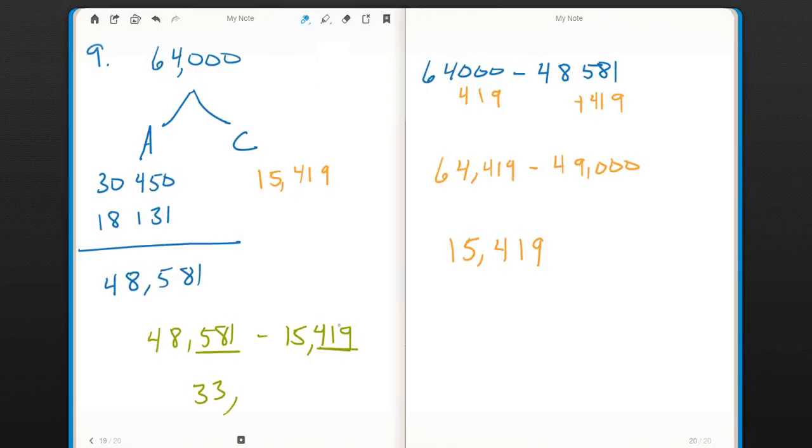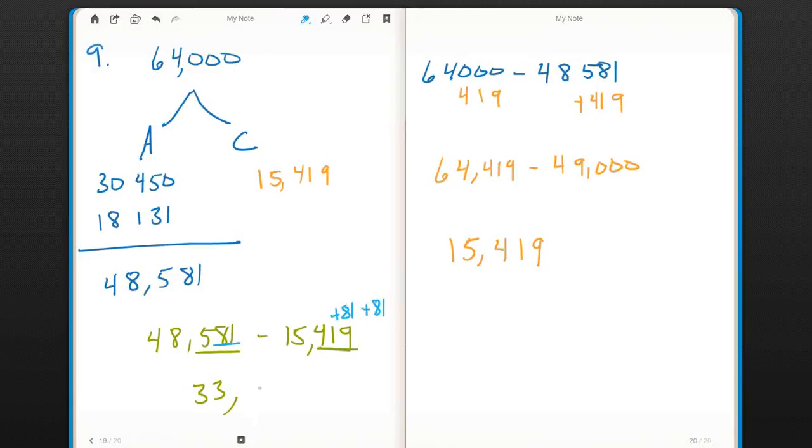And then I want to find the difference between the other two numbers. To do that, I'm going to help myself with the hundreds. I know that I need 81 to get to 500, and then I need another 81 to get to 581. So the first 81 is because 19 plus 81 make 100. That puts me up to 500, and then I have another 81.